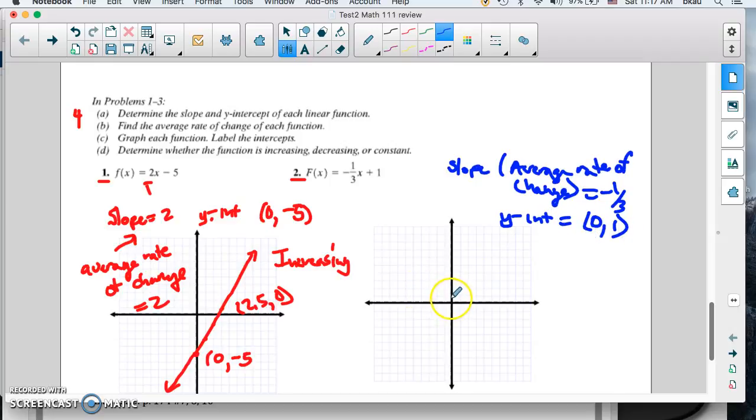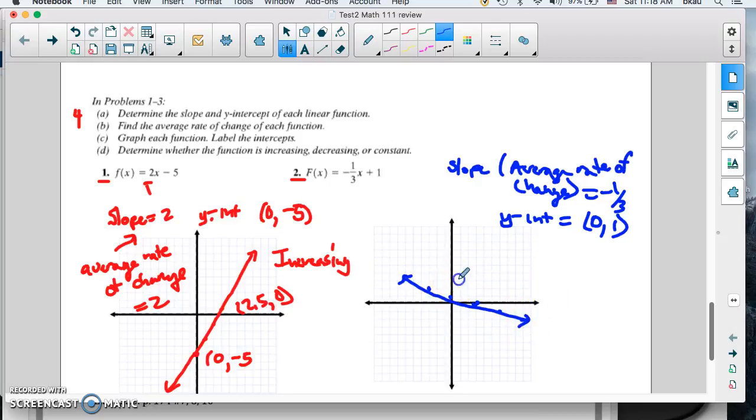So we're going to start here. We're going to go down 1 and over 3. Down 1 and over 3. You can also go up 1 and over 3 to the negative region to get our point. So our line goes like this. If I had a straight edge, it would look a little bit better.